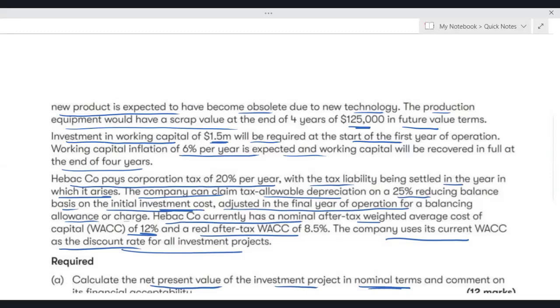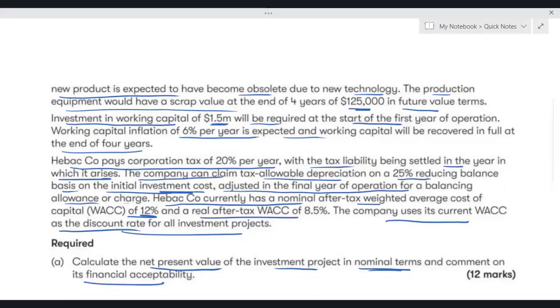But that is the discussion for part B. In part A, we'll be calculating NPV using 12% cost of capital, because the requirement says calculate NPV in nominal terms.